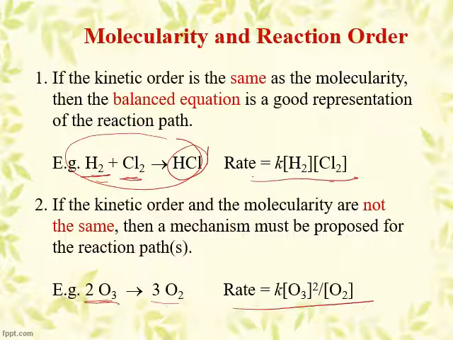The rate law is not a good representation of the balanced equation, because the rate law is different. It also has oxygen in the rate law expression, whereas in the balanced chemical reaction oxygen is not one of the reactants. Then a mechanism must be proposed, since they are not in agreement with each other.